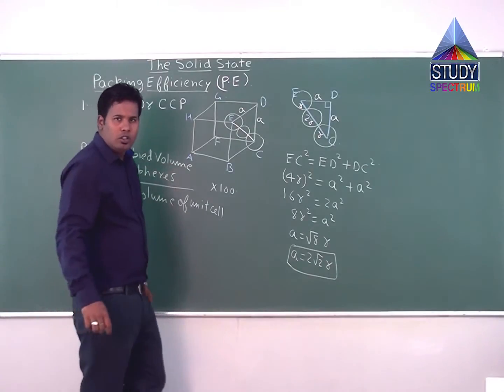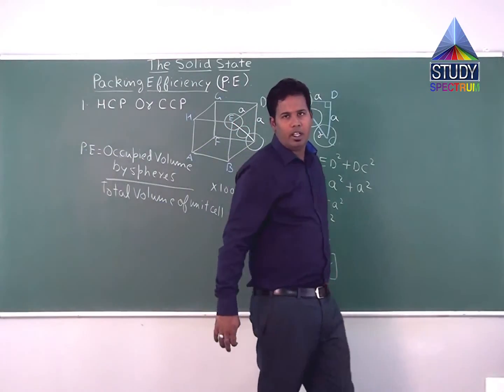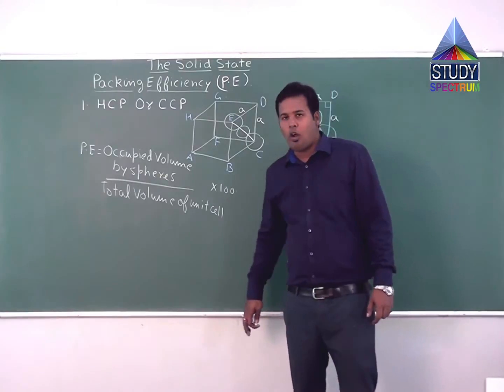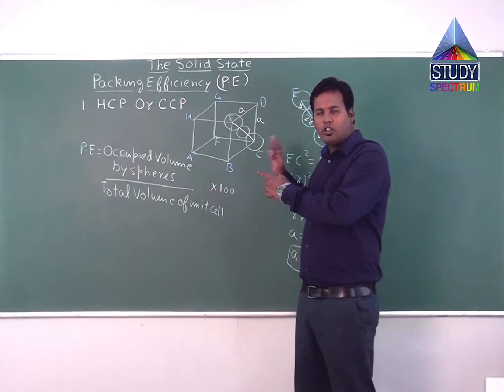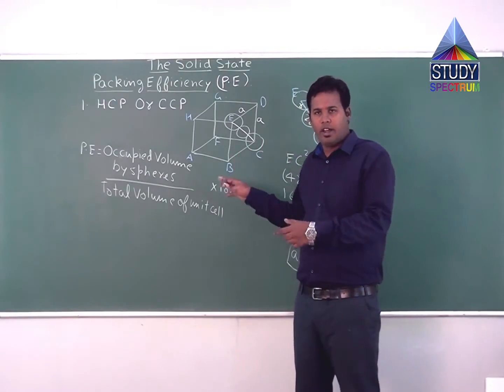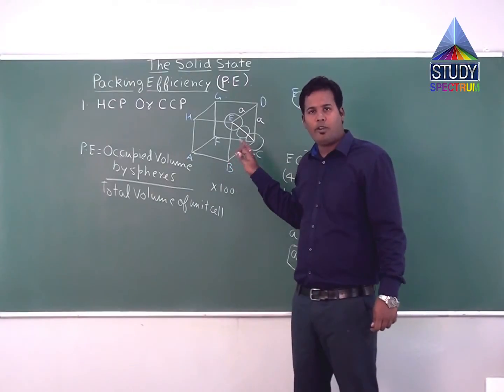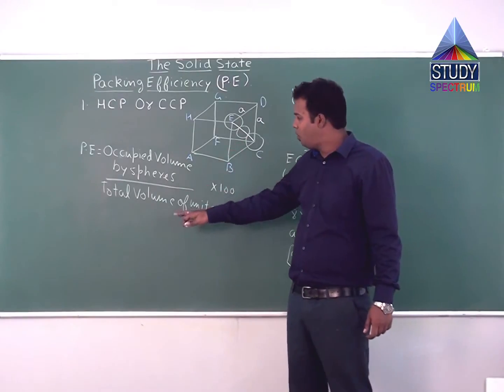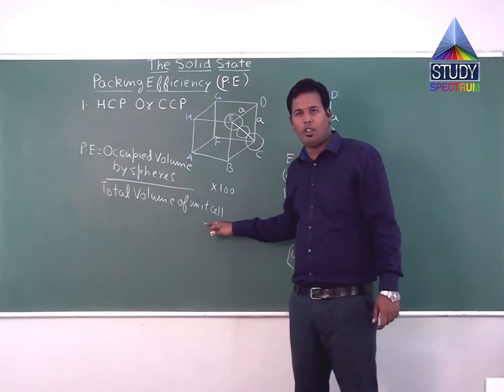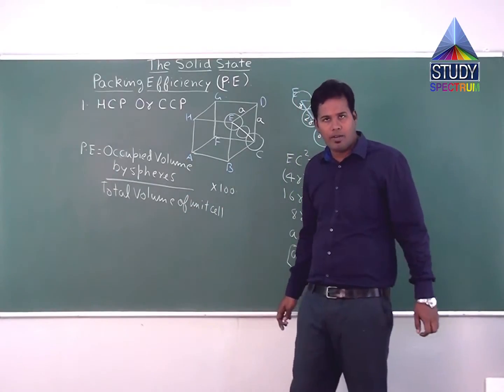Correct? So packing efficiency basically means what is the volume occupied by the constituent particles in this cube, which is spheres. So what is the occupied volume of spheres inside this cube upon total volume of this cube, that is total volume of the unit cell, into 100, that is packing efficiency.